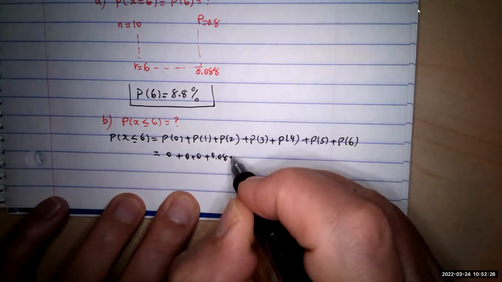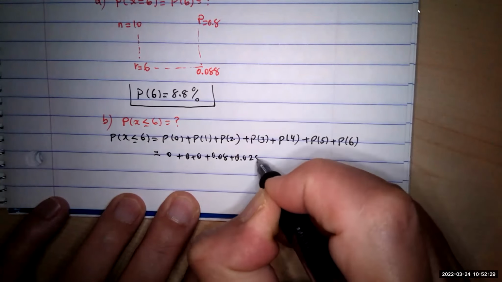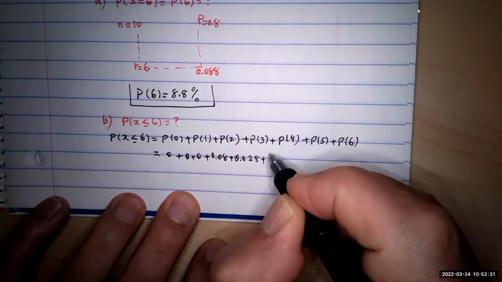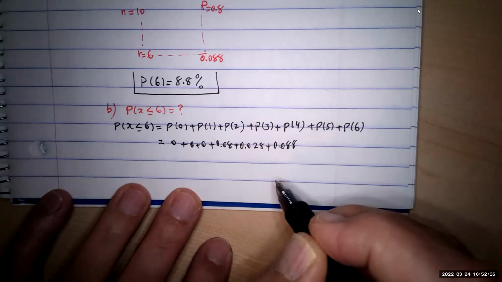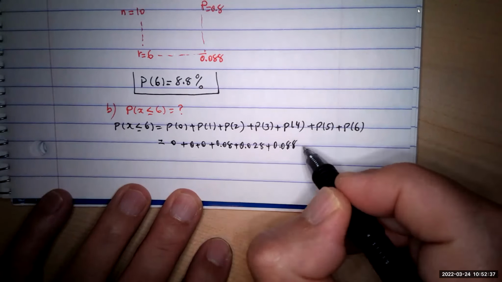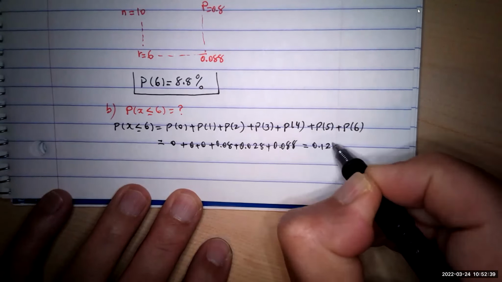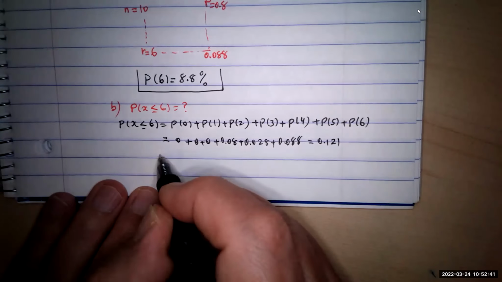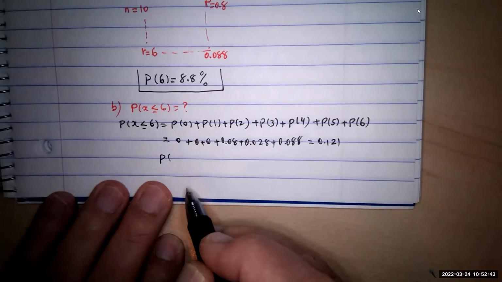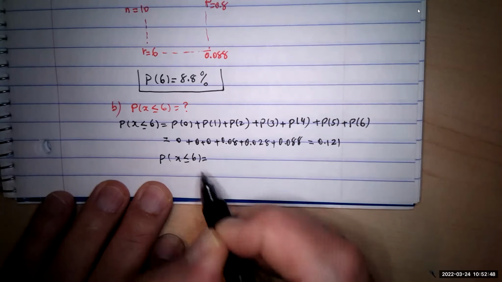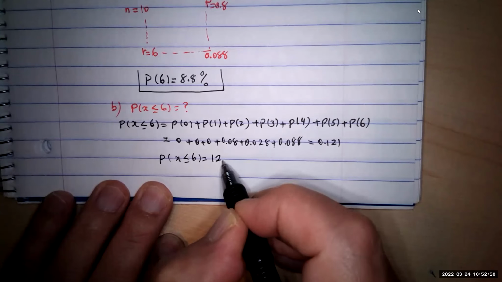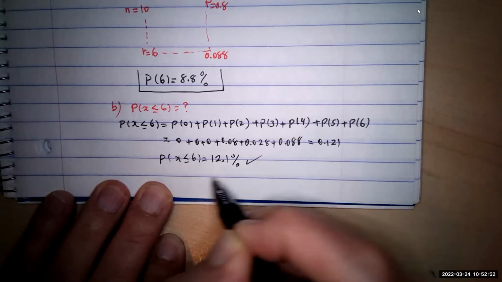Again, you don't have to write it. I just write it so you can check it for yourself. These are the numbers that I have. So if you add them together, that would give you 0.121. So the probability that at most 6 households would have internet access is going to be 12.1%. And that's it.